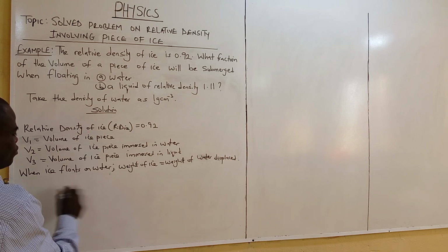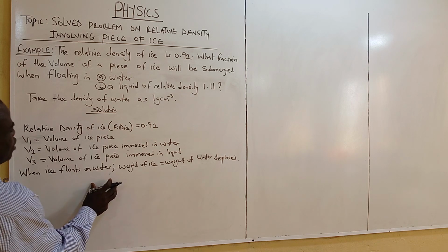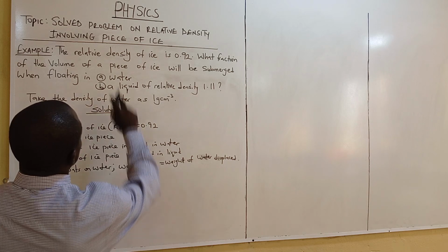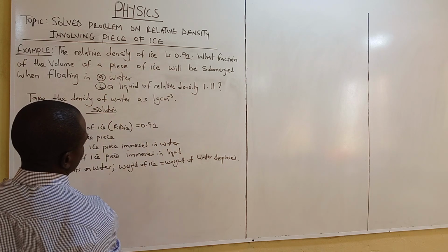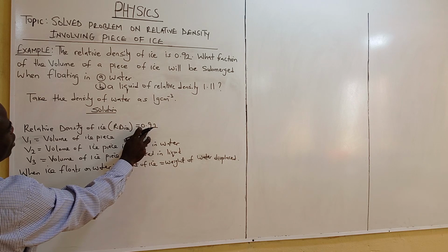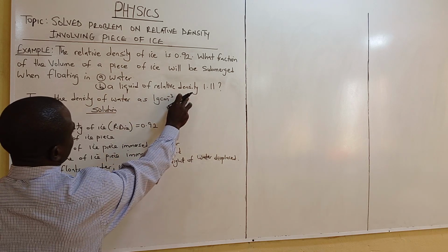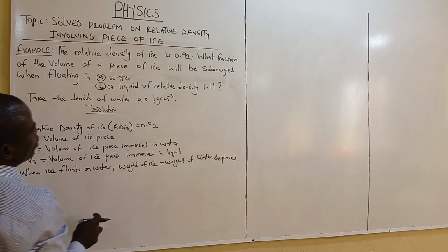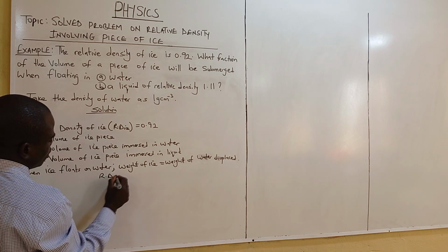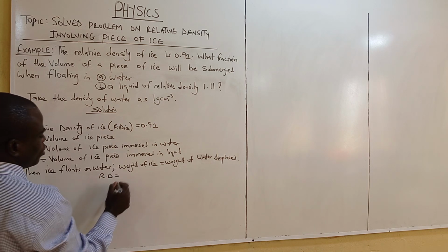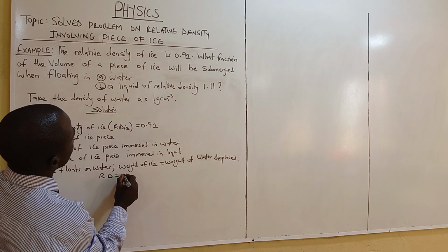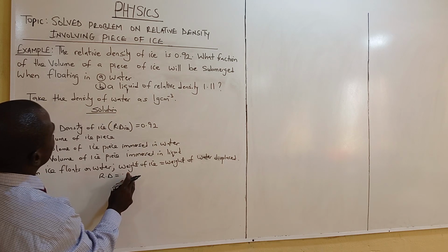In that case, don't forget the formula. In this question we are given relative density of ice to be 0.92, and we have relative density of liquid. Now since you know that relative density of ice equals, we are dealing with mass.